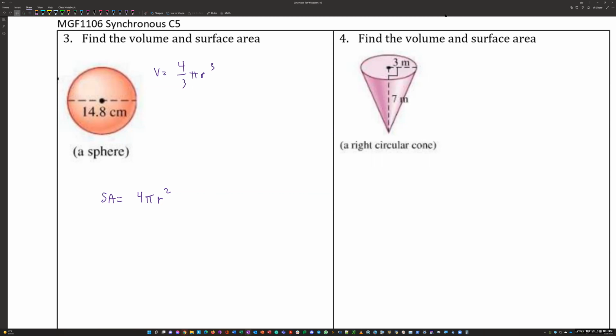Anybody else got an answer? Did you get 69.708 for the volume?